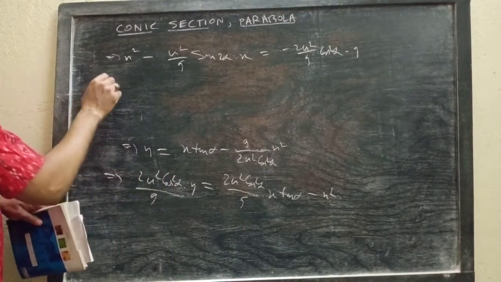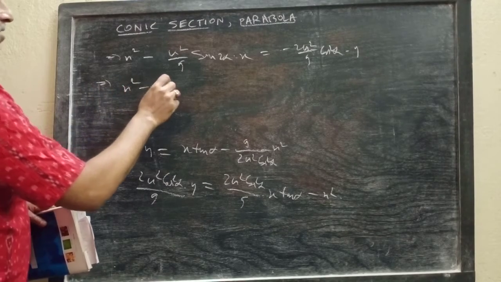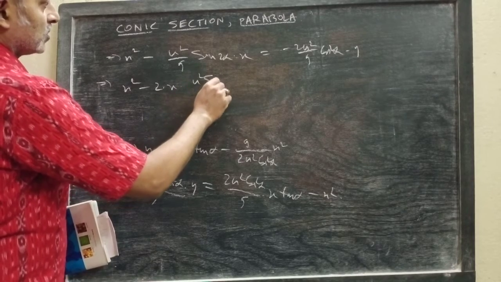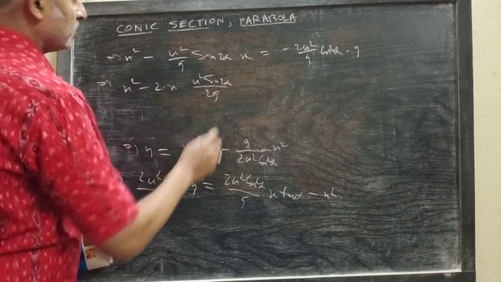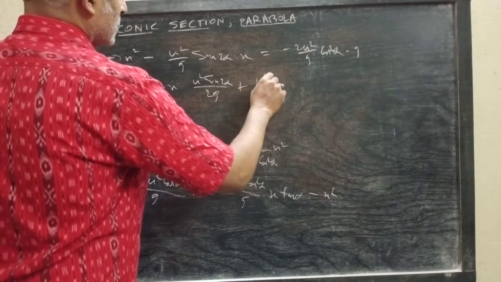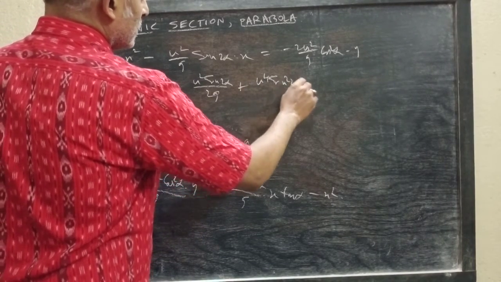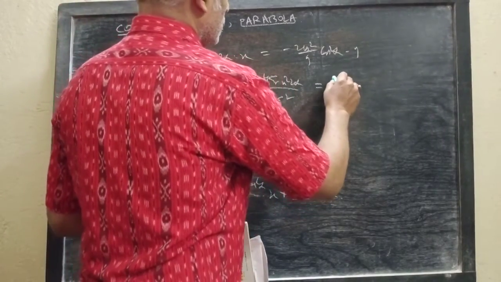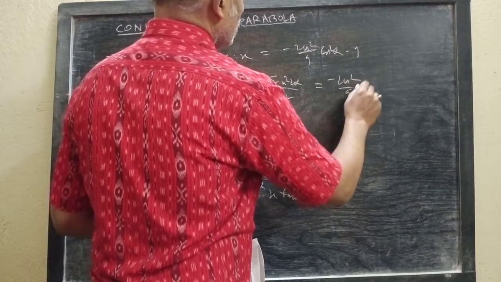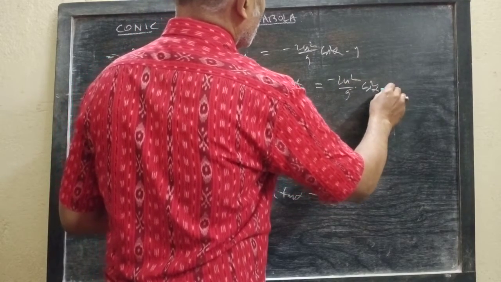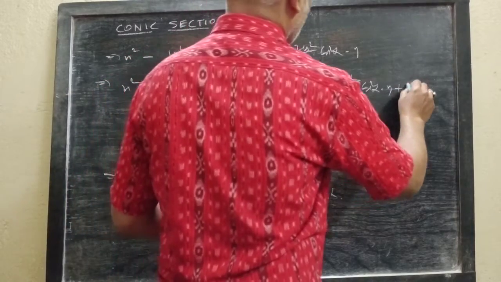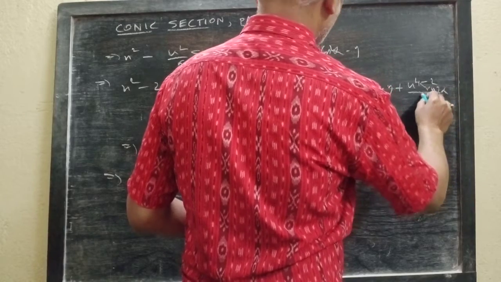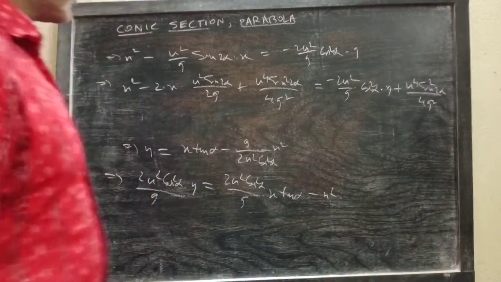Next, x square minus 2 into x into u square sin 2 alpha by 2g plus u to the power 4 sin square 2 alpha by 4g square equals minus 2u square by g cos square alpha into y plus u to the power 4 sin square 2 alpha by 4g square.